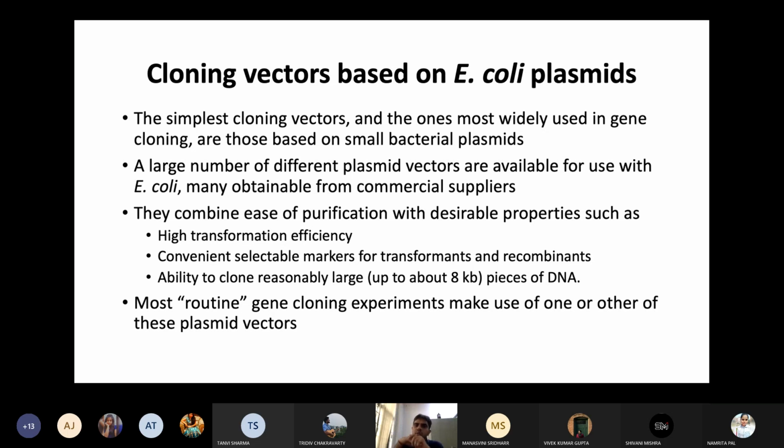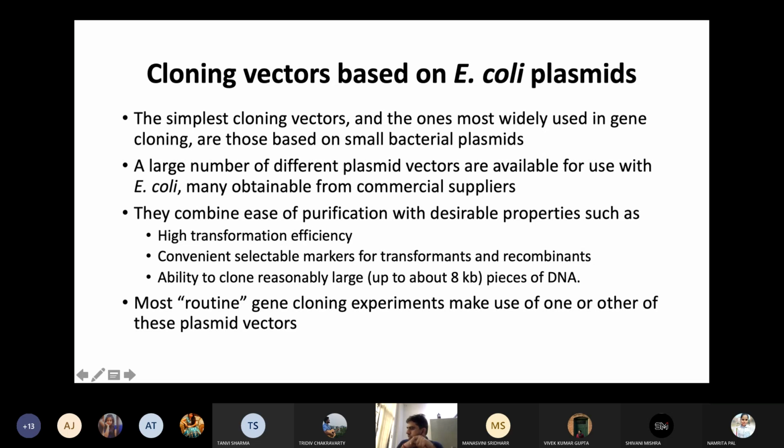There are a large number of plasmid vectors used in E. coli, and you can get them from the market also. But the main thing is the features that we consider the plasmid vector should have. These are the properties when we talk about vectors for E. coli: high transformation efficiency.